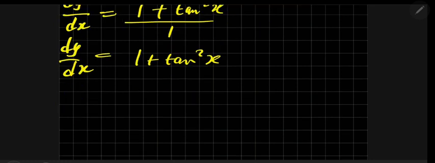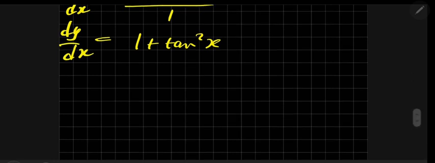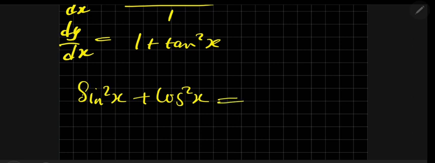So many people would end here, but I just like having one straight answer. And let me also show you this trig identity, which I'm sure many of you know. It's sine squared x plus cos squared x. You know this is equal to 1.